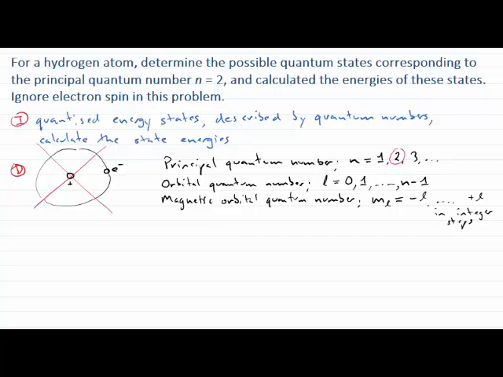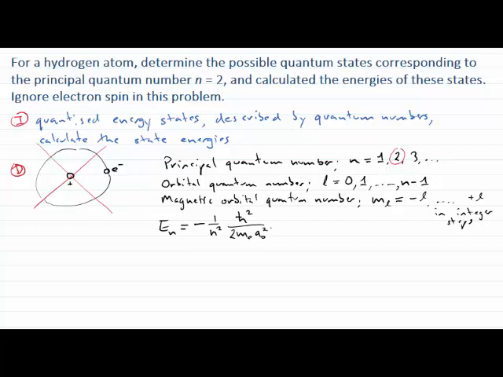Regarding the calculation of energy, we know that the energy in the quantum model of the atom for a hydrogen atom depends upon the principal quantum number n, and it is in fact negative 1 over that principal quantum number squared, multiplied by a combination of fundamental constants, h bar squared, that's Planck's constant divided by 2 pi, all squared, divided by 2 times the electron mass, multiplied by the square of the Bohr radius.